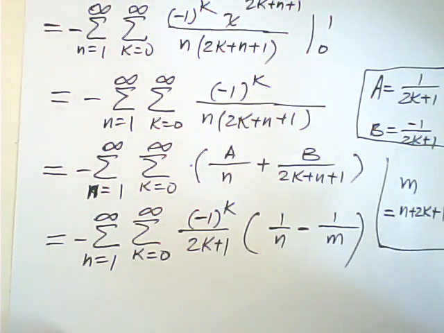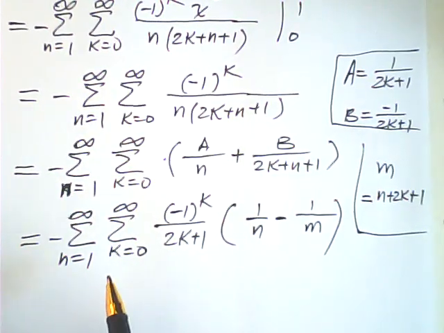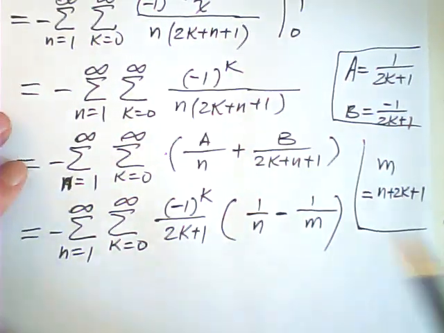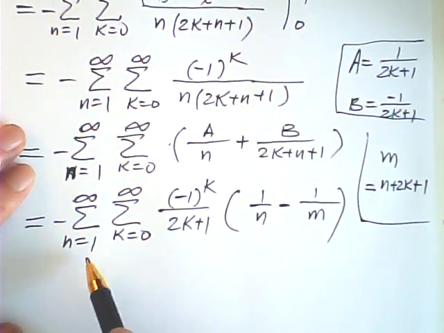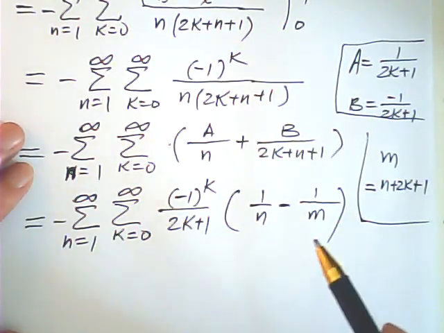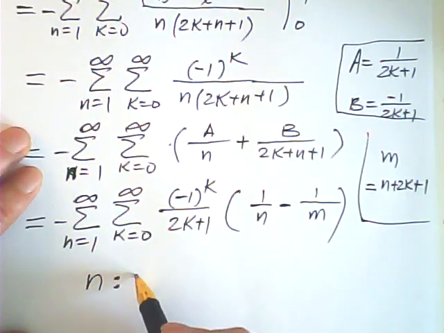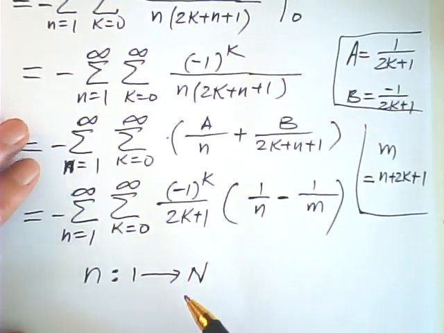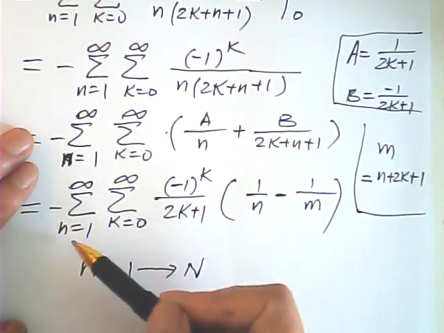Then, okay, I start with n first. Now, n is from 1 to infinity. So I let n be from 1 to big N first. Then take the limit, N goes to infinity.